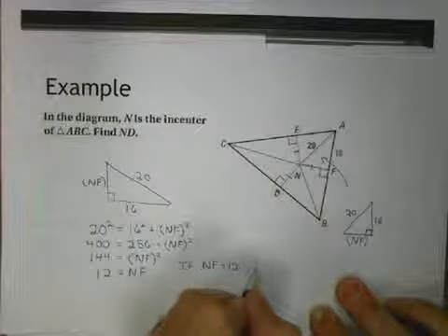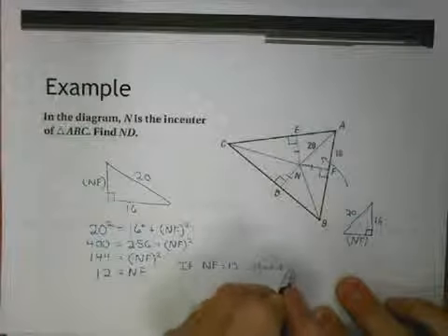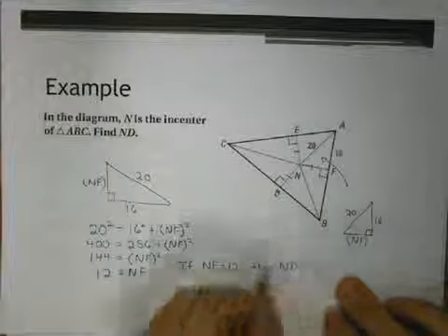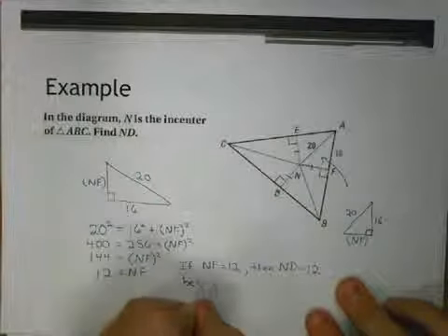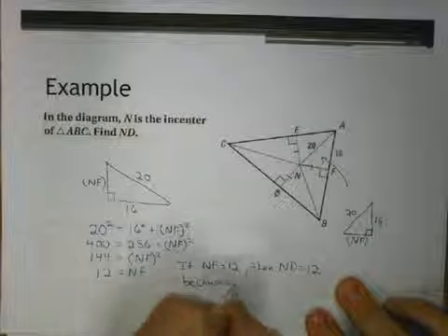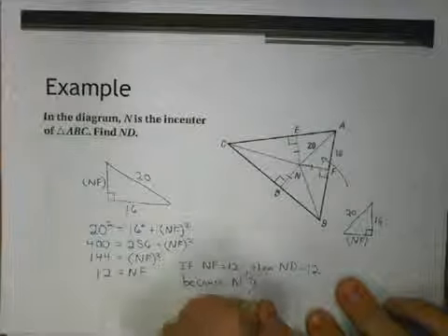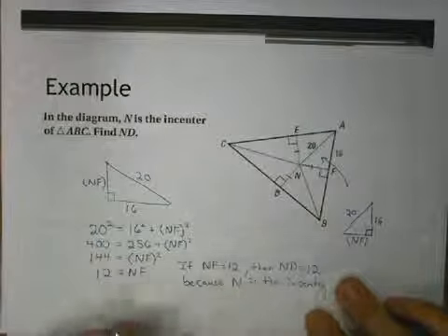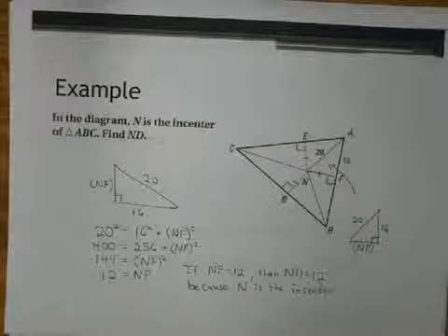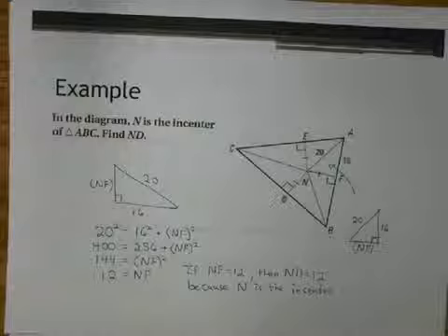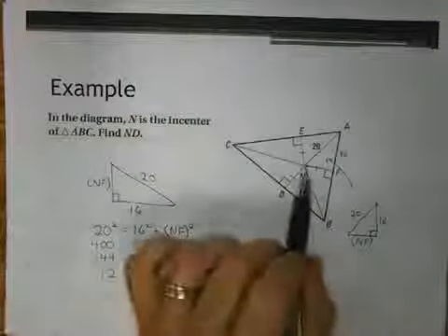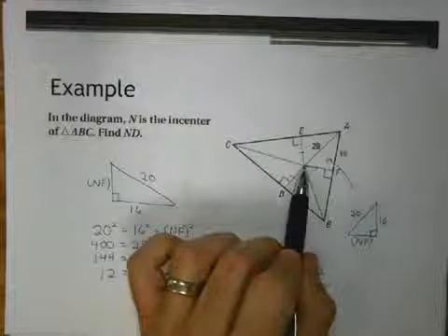Square root of both sides leaves us with NF equals 12. And we know if NF equals 12, then ND equals 12, because N is the incenter.